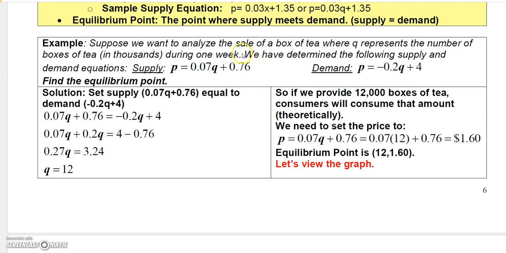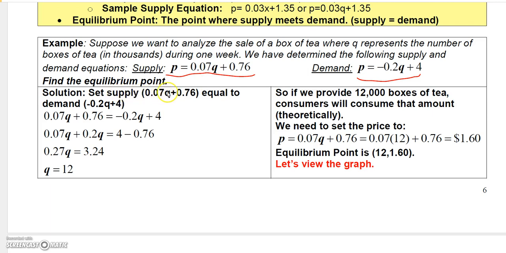Okay, so let's say that you are given a supply equation and the demand equation for a particular item. And this example is the number of thousands of boxes of tea. So the quantity represents the number of thousands of boxes.